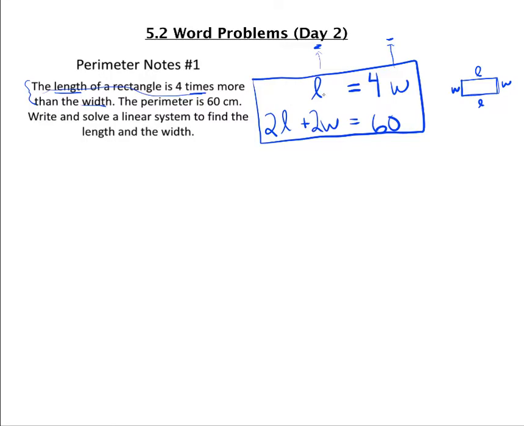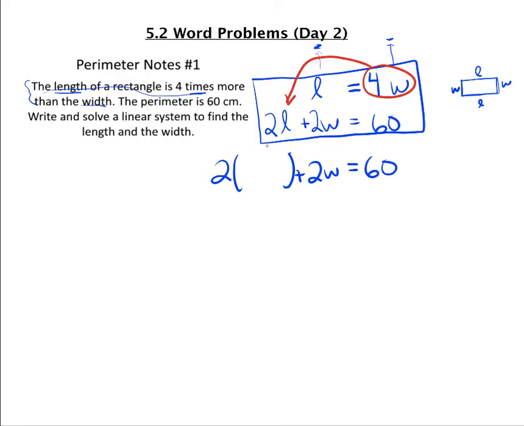So those are the equations I'm going to use. I'm going to circle this one because it's L, and draw my arrow like we've done before to the L, because that is the L. I'm going to substitute that in. So 2, and put parentheses, L plus 2W equals 60.